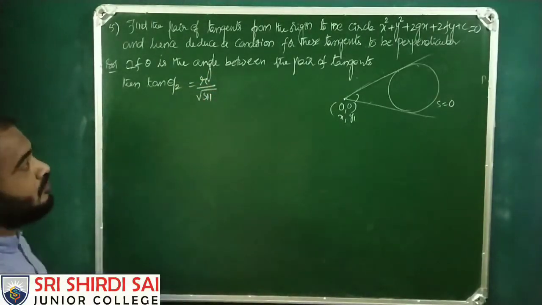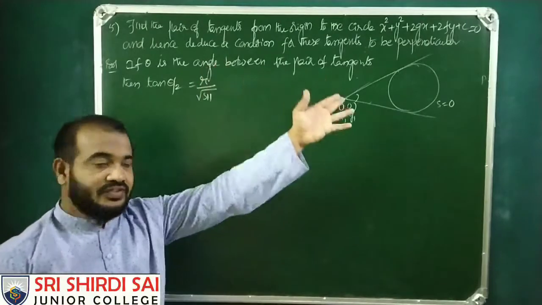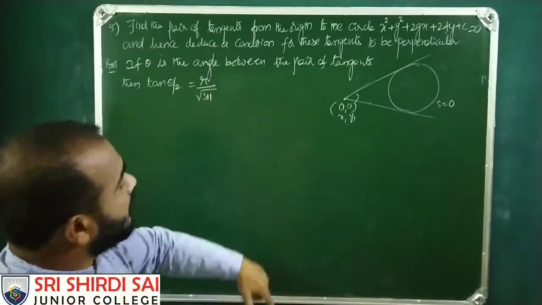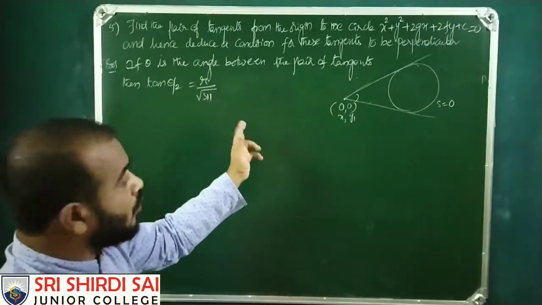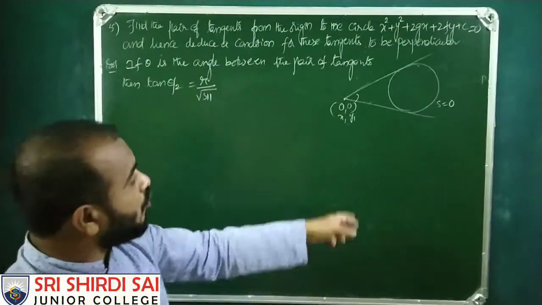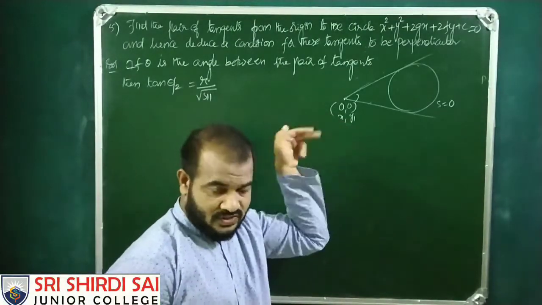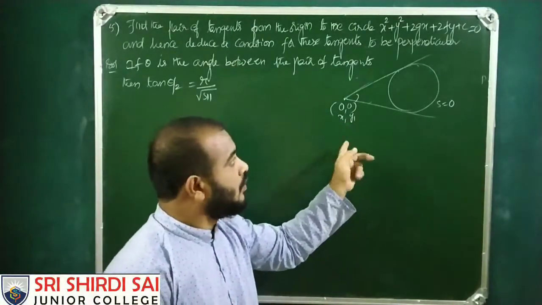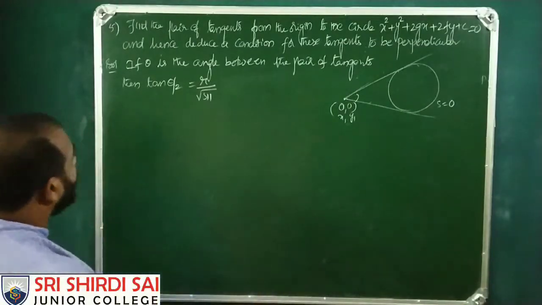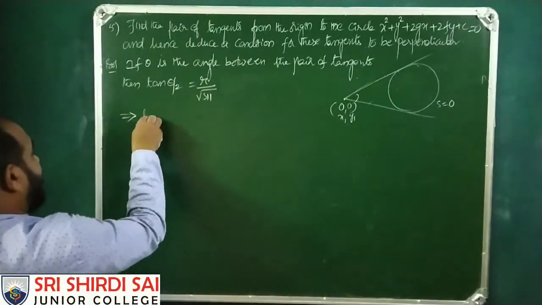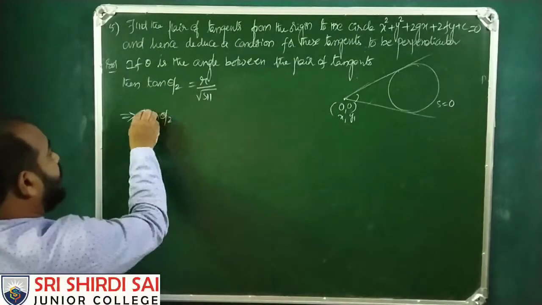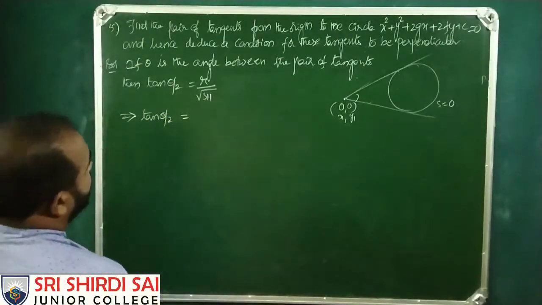This we knew. r is the radius of that circle and root S11 is length of the tangent drawn from the external point, which is (0, 0) in this problem, to the given circle. So tan theta by 2 is equals to r.